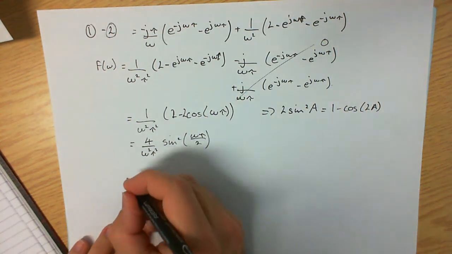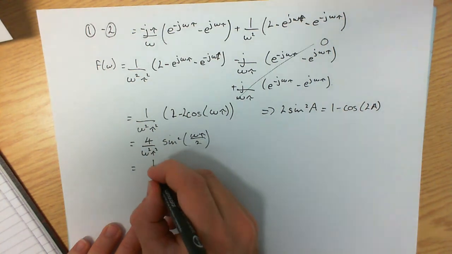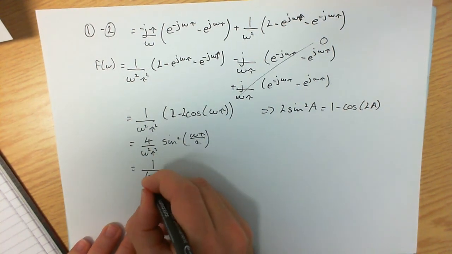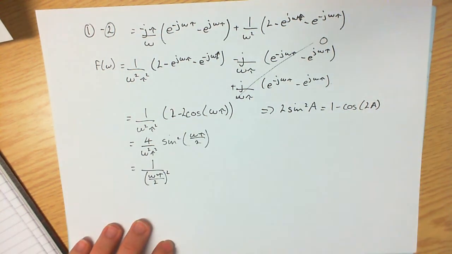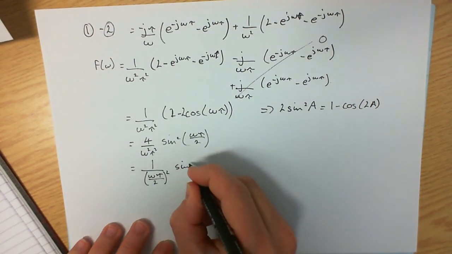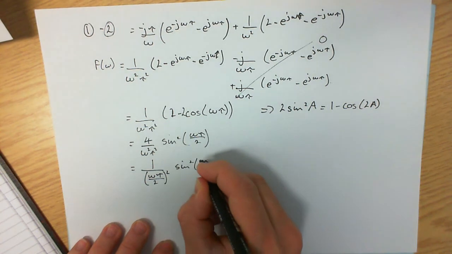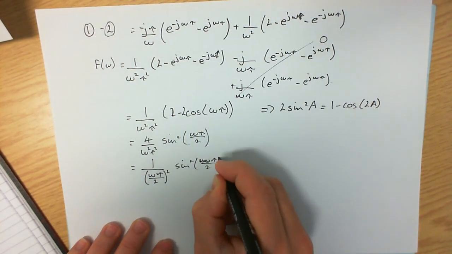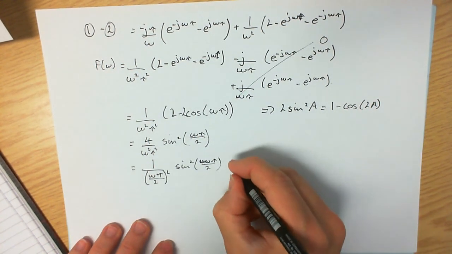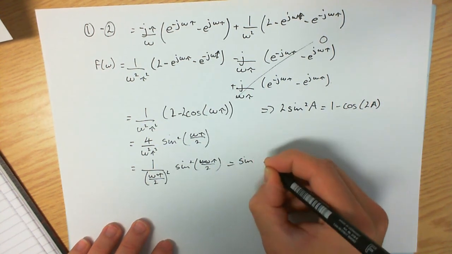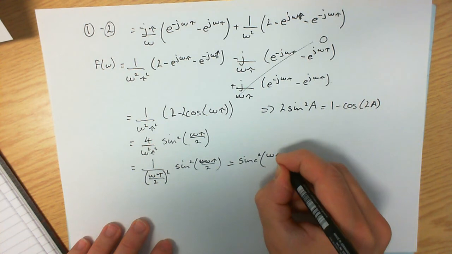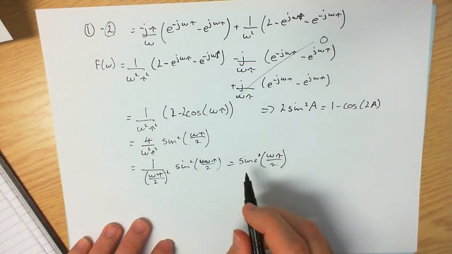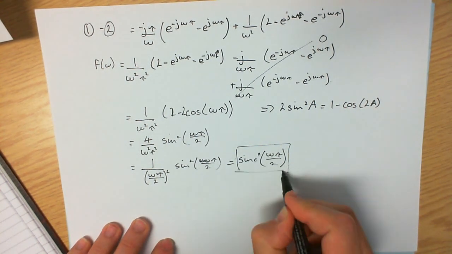And we can rewrite that as 1 over omega tau over 2 all squared, sine squared omega tau over 2. And that is a sine x over x squared, or a sinc function squared. And that's our answer.